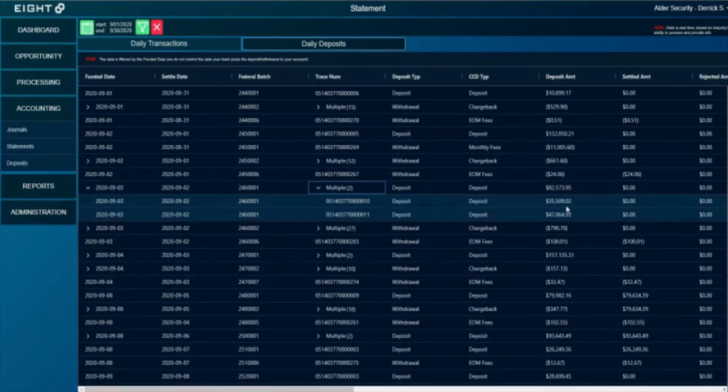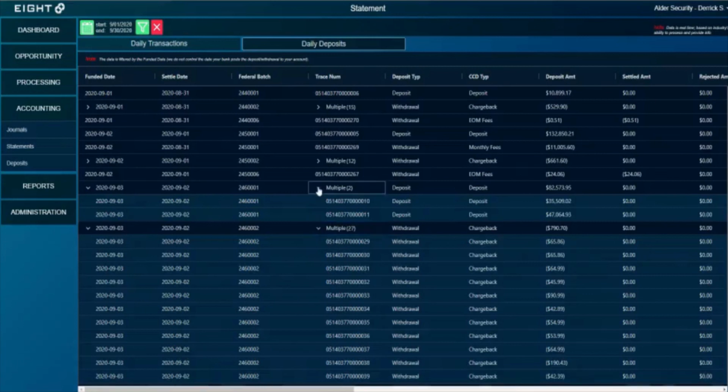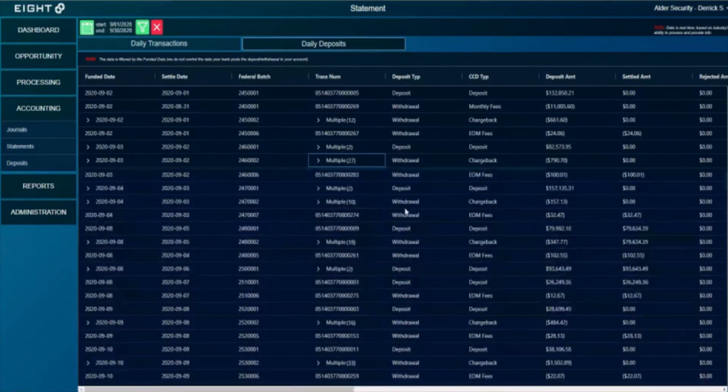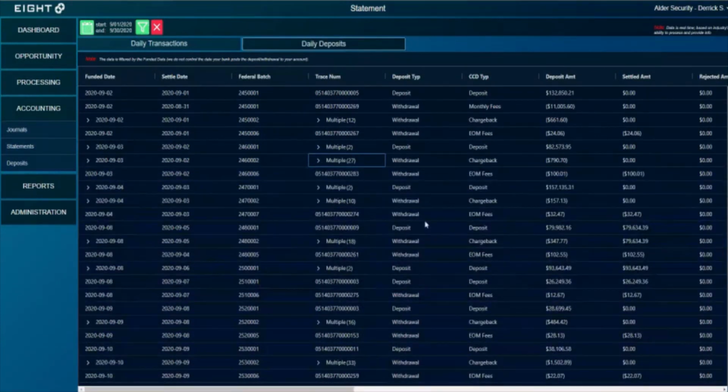You're going to be sent 35,000 to your bank and 47 for a total of 82,000. But you also have 27 withdrawals that happened during that same time period for all the chargebacks, each in its own batch with the federal trace number. So on one day, guys, in their bank account, they're going to have 29 entries for one day.